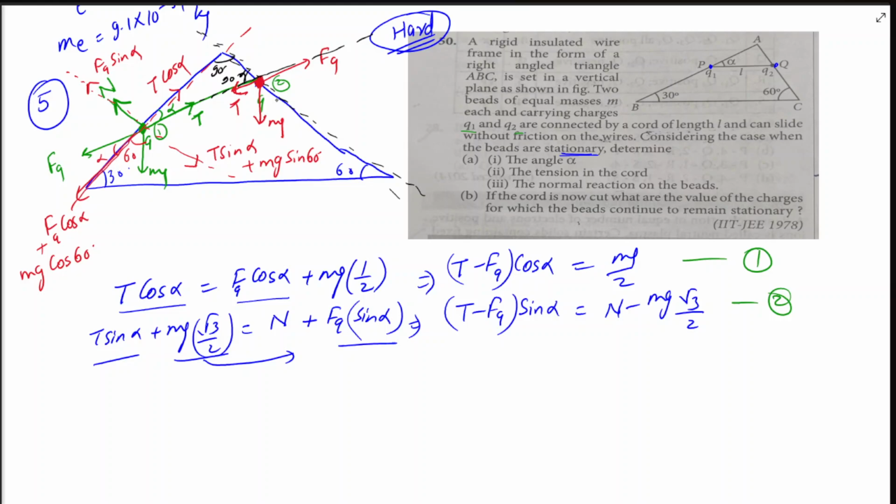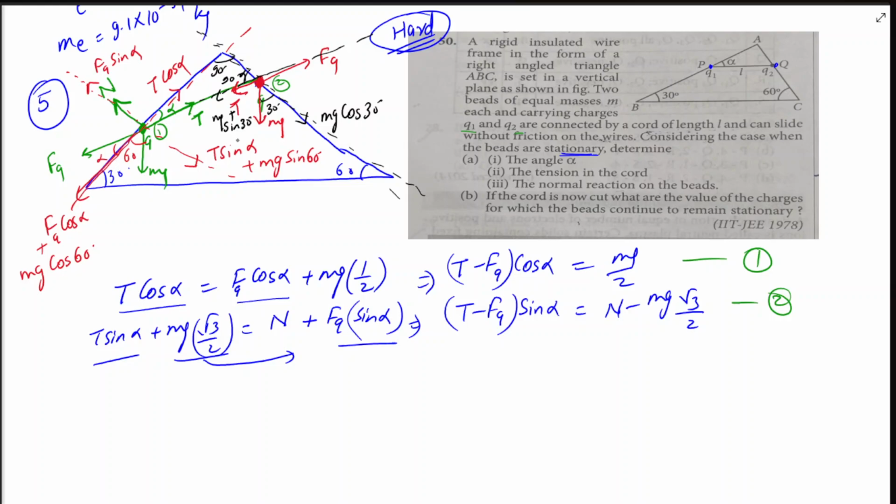No issues. This angle will be 30 degrees, right? So mg's first component will be mg cos 30 here, and here it will be plus mg sine 30. So it will be like that only.